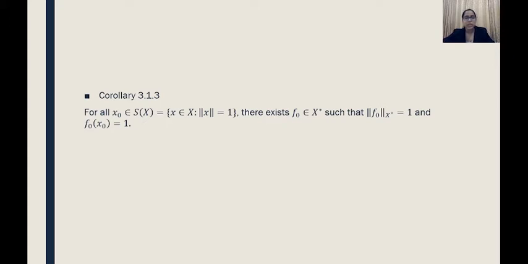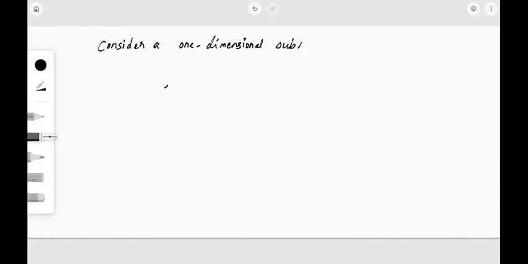So let's see how we can move on to the proof of this corollary. It is a very simple proof. For that, first I am going to consider a one-dimensional subspace of X, say E₀.